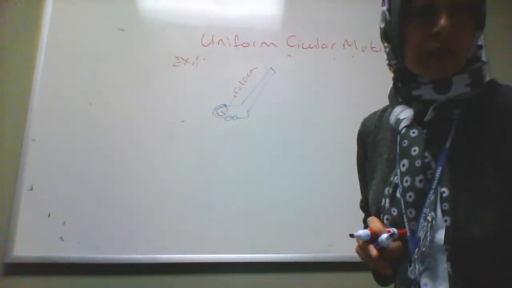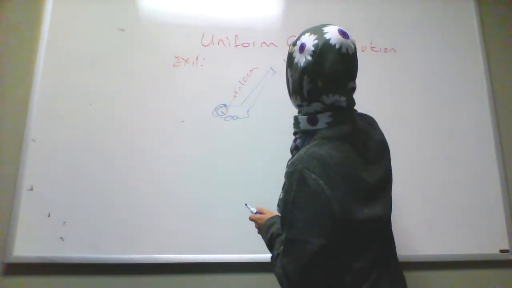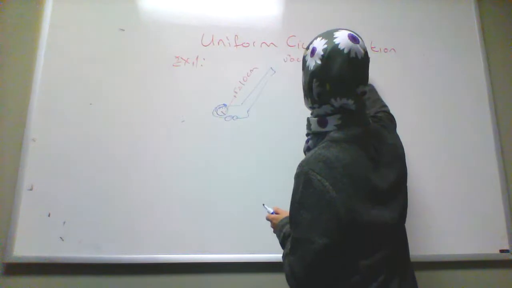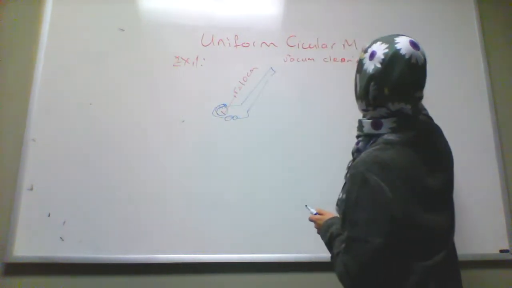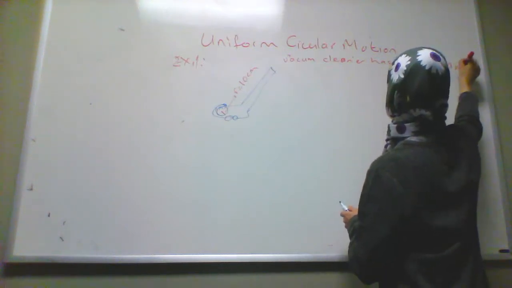It has 600 rotations per minute. So the vacuum cleaner has 600 rotations per minute.